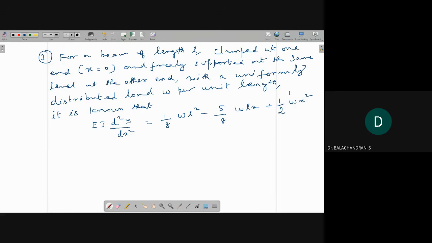Find the equation of the deflection curve.